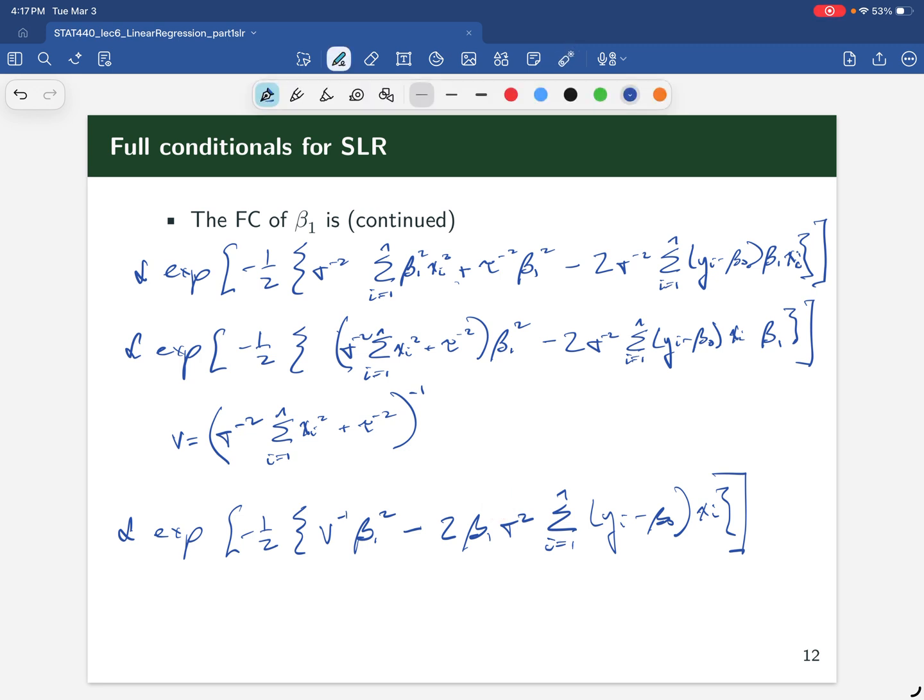And so what we get is proportional to negative 1 over 2v, curly bracket, beta 1 squared minus 2 beta 1 v sigma to the negative 2, sum i equals 1 to n of yi minus beta naught xi.